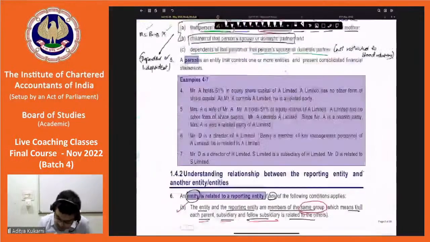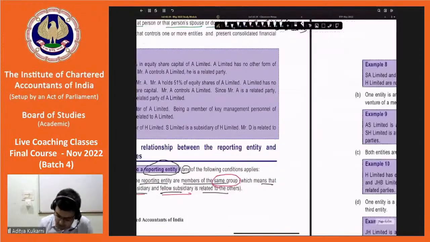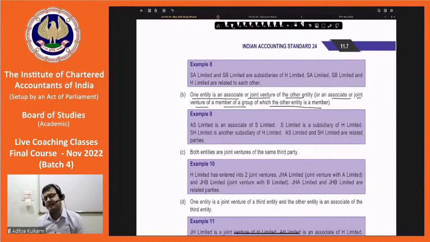An entity is related to a reporting entity if one entity is an associate or joint venture of the other entity, or an associate or joint venture of a member of a group of which the other entity is a member. Sir, this seems very complicated. It's quite complicated. We will go step by step.